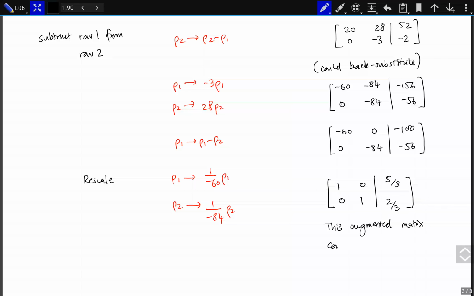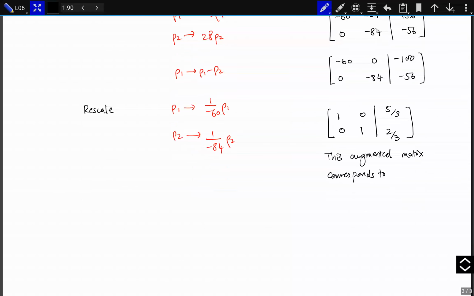It corresponds to x plus 0y equals 5 over 3, and 0x plus 1y equals 2 over 3. So there's the solution we got last time. Okay, so one more quick break for you, and we've got one page to go.